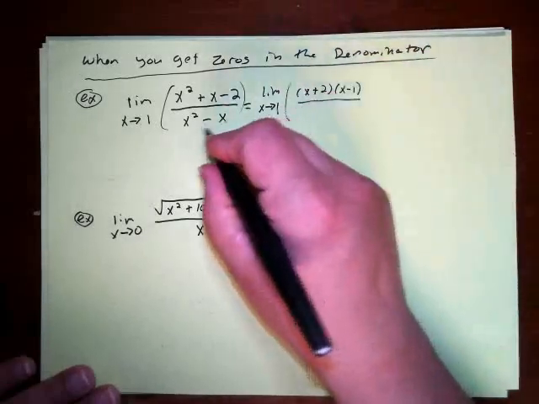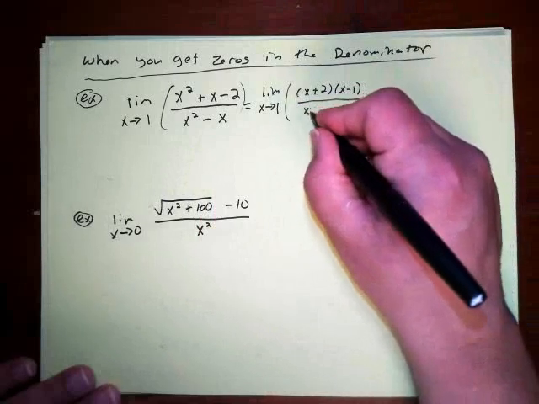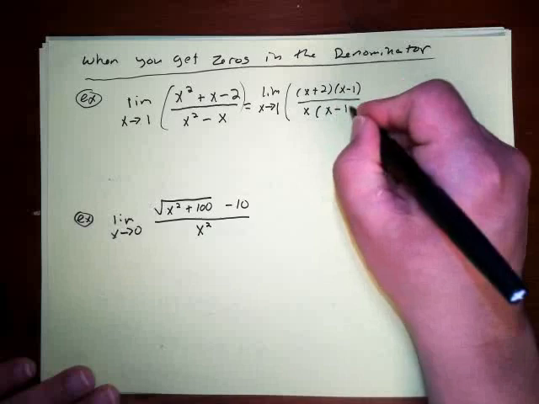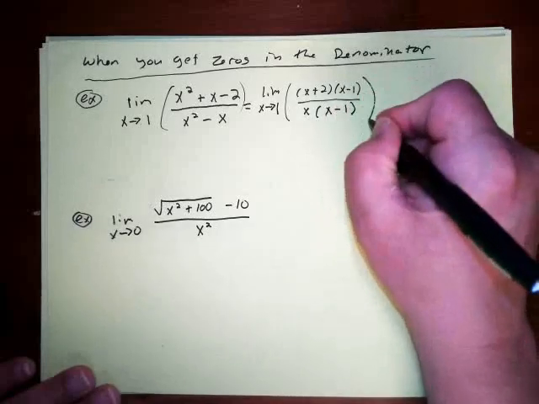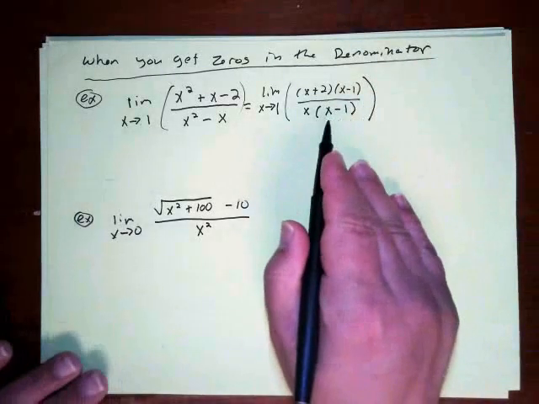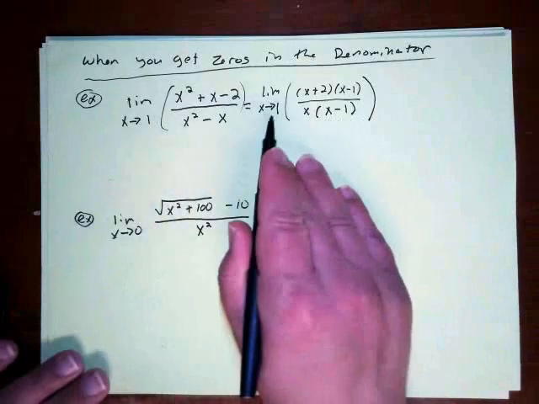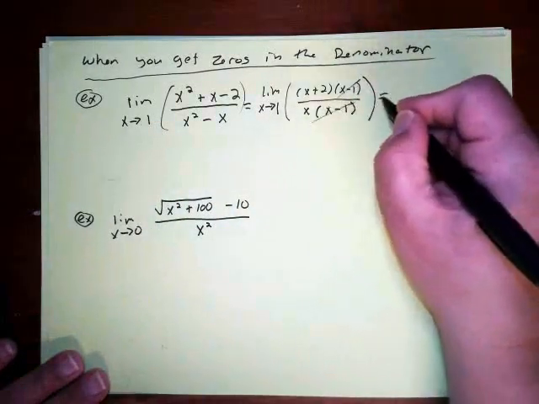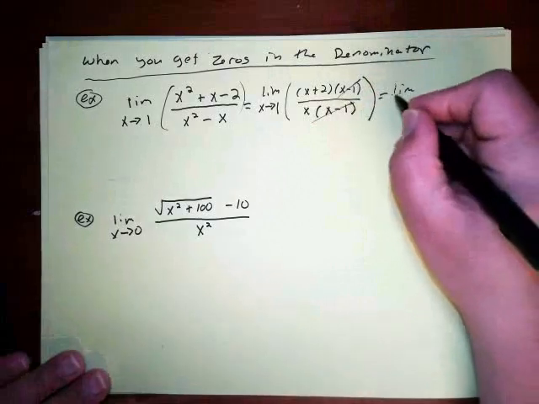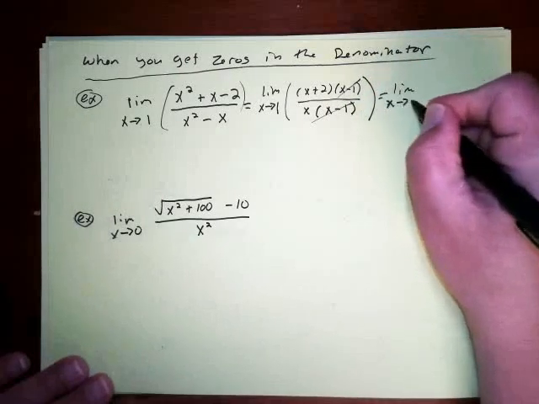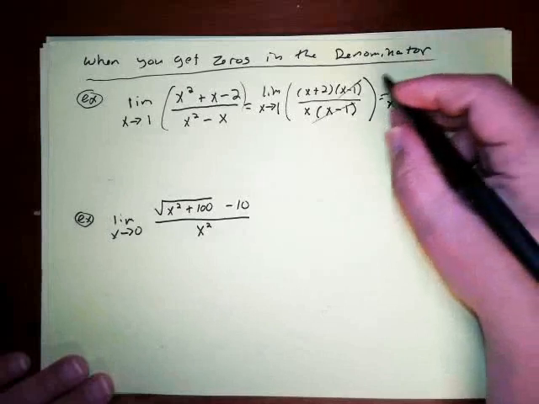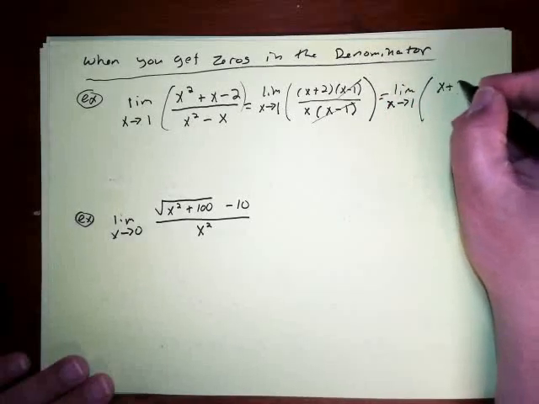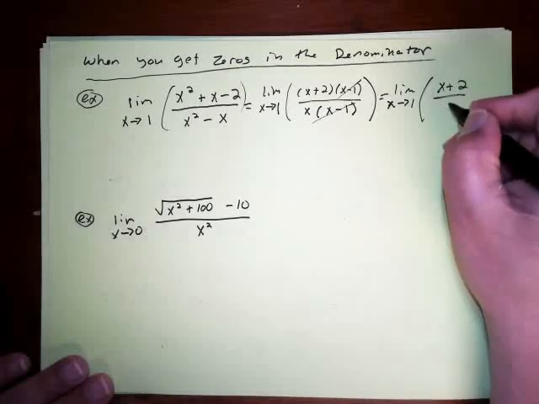And then this, I can factor out an x here, and then I get an x minus 1. Okay, so there's no problem. I can do this. The limit of this is equal to the limit of this. And, of course, I can cross these out. I can simplify this however I need to, and I'm left with this.